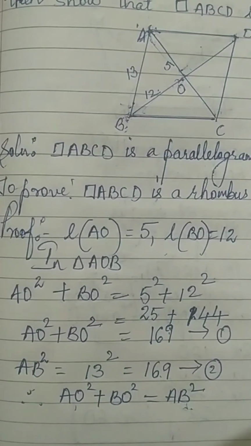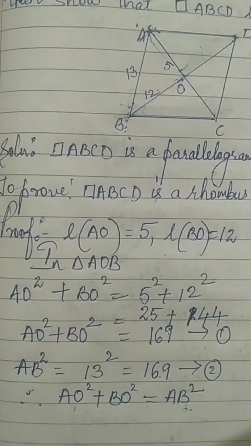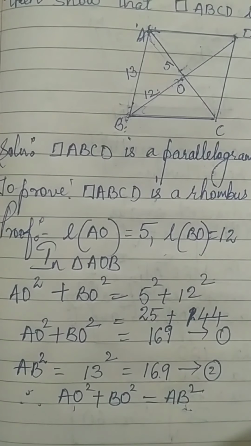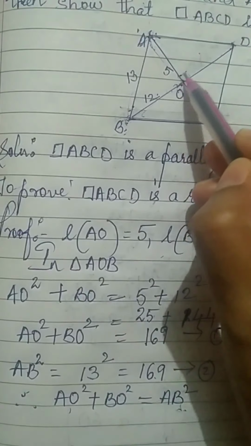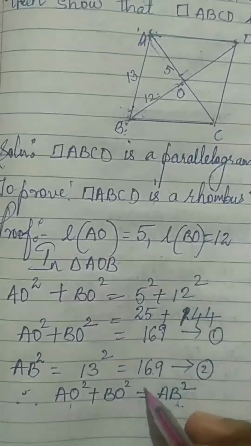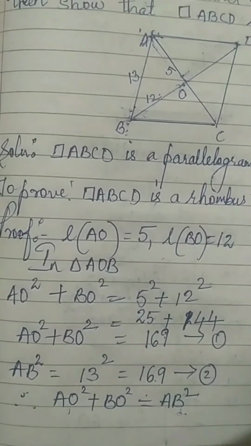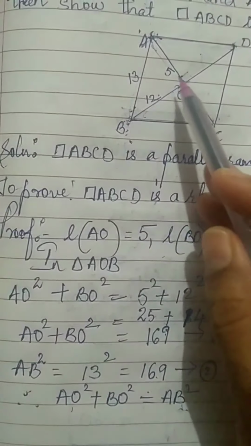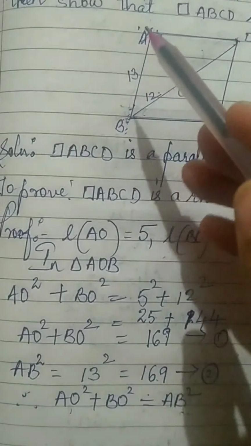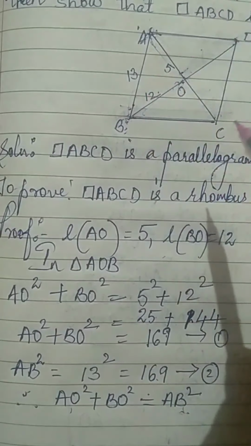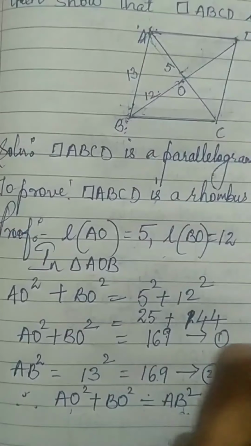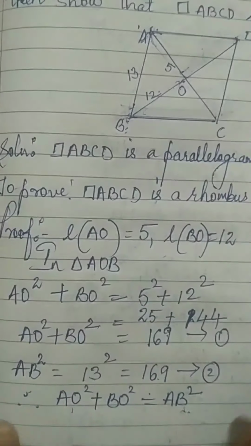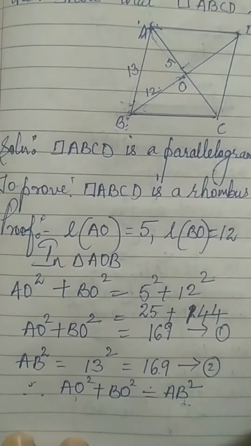Okay. So what did we use here? We used the converse of Pythagoras theorem. जब right angle दिया है and we are writing this, it is by Pythagoras theorem. Here right angle is not given. We are going from hypotenuse square is equal to one side square plus other side square. We are going the reverse way. So this is converse of Pythagoras theorem.